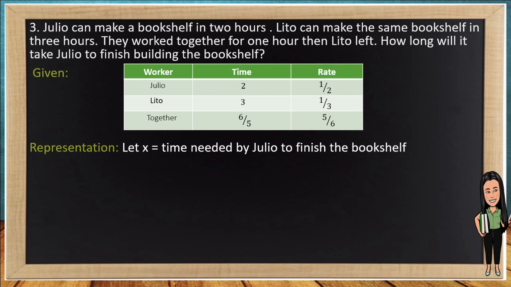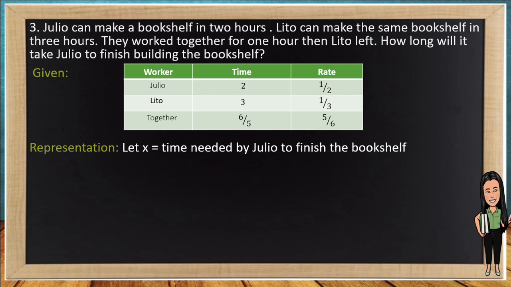Okay? So, ibig sabihin, yung rate niya will be equal to 1/6 all over x, which is the time needed by Julio to finish the bookshelf. Okay? So, dahil din yung rate ni Julio is 1/2, syempre yun pa rin naman yung rate niya kahit hindi na buo yung task na gagawin.